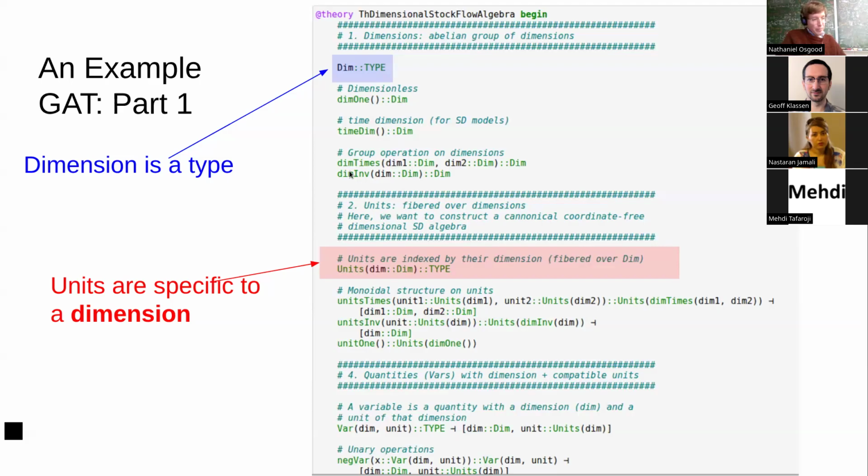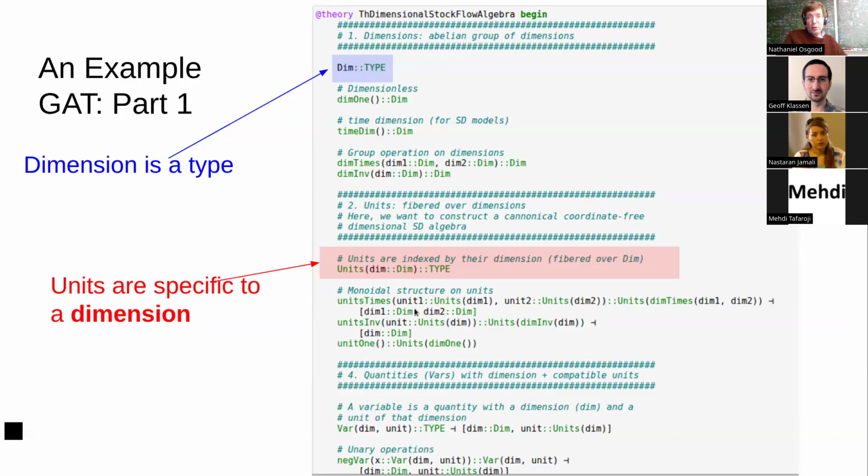We're defining a theory here. We're defining a little algebraic theory. So if we have two dimensions, we can multiply them to get another dimension. If we have one dimension, we could take its inverse to get another dimension. It's kind of interesting, right?